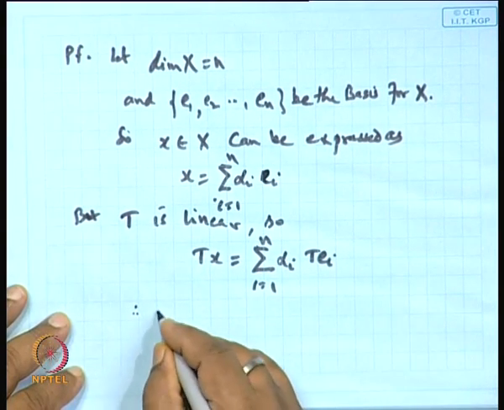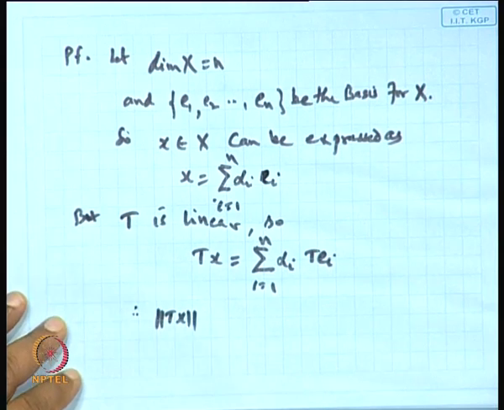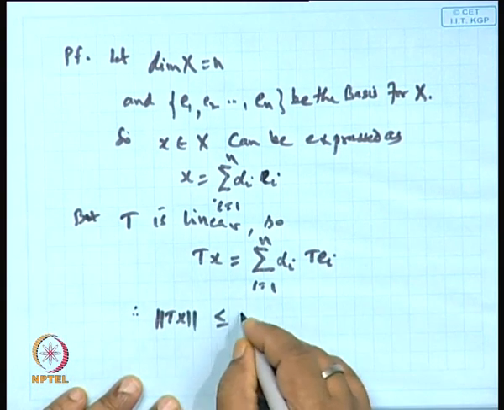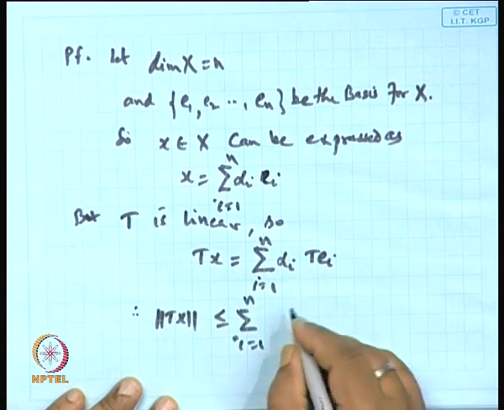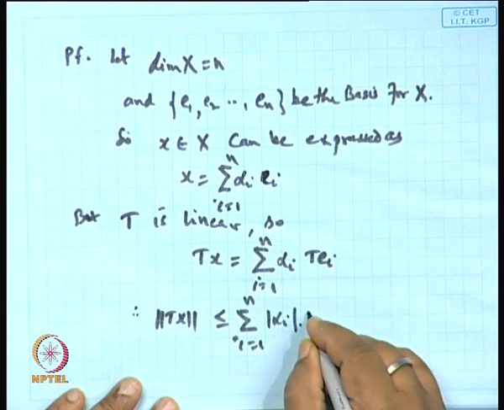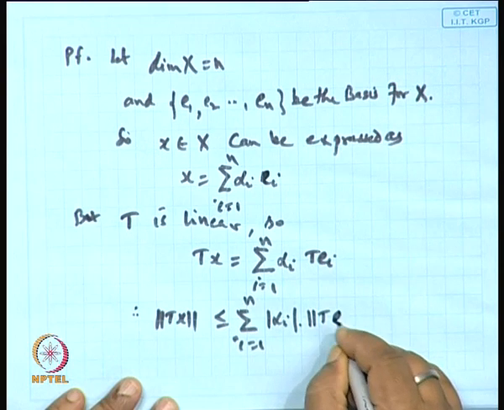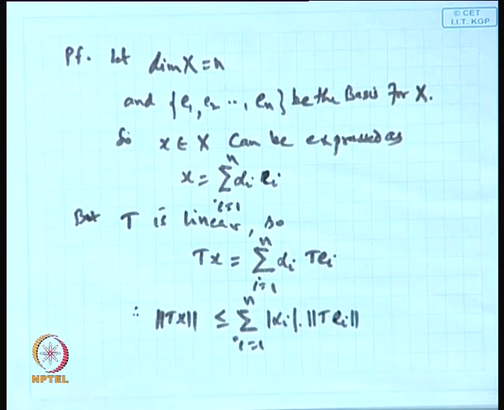Therefore, the norm of Tx is less than or equal to sigma i equal to 1 to n, mod of alpha_i into the norm of T(e_i). T(e_1), T(e_2), ..., T(e_n), these are finite in number and we are taking the norm. So, this is the length of the vector T(e_i).